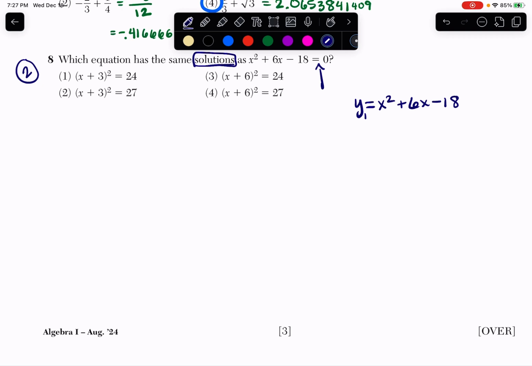So if I type this equation in, x squared plus 6x minus 18, I know I want it to equal 0, so I'm going to scroll around in my table, and what I'm going to notice is that there's nowhere in my table where it gives me straight up 0, but the part of my table that gets closest to 0 is, it starts at negative 18, then it goes negative 11.